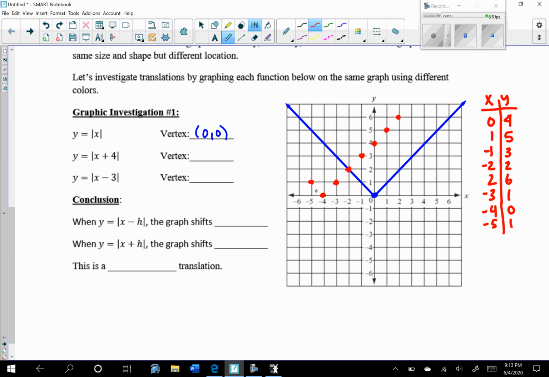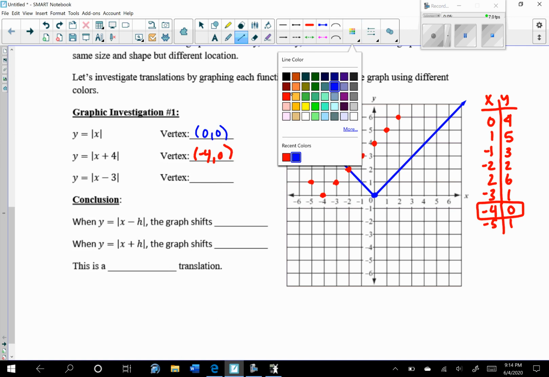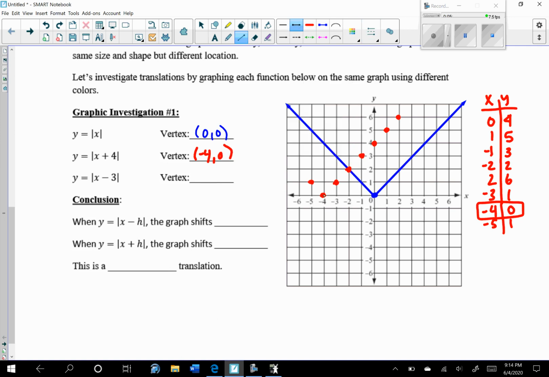So that means that 0, negative 4, or excuse me, negative 4, 0 is our vertex. And we can go ahead and use our ruler to graph the line. And that makes our second graph.